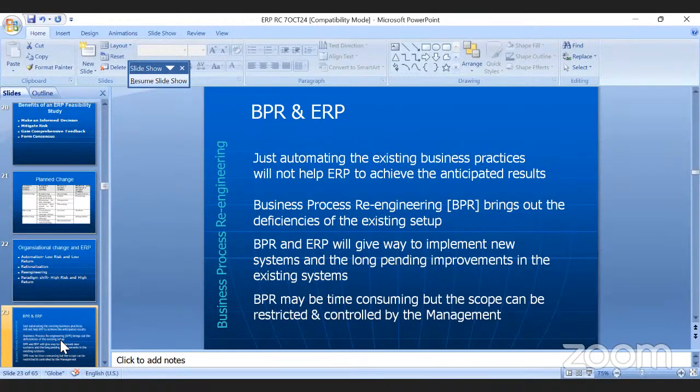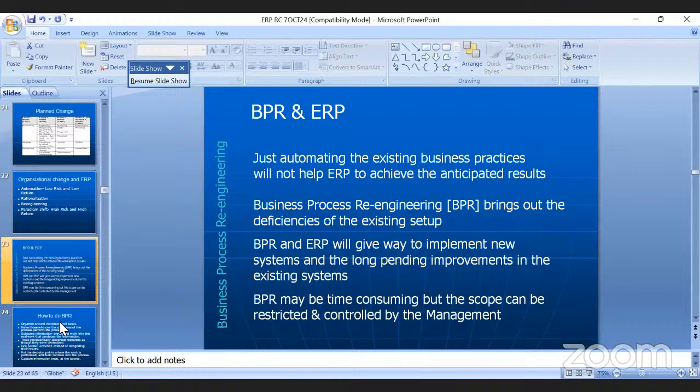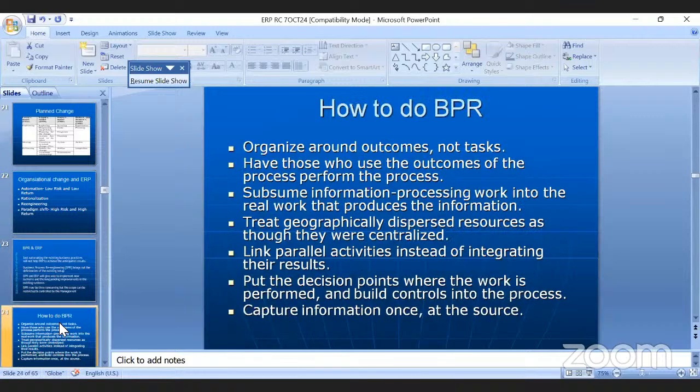So business process re-engineering gives a new way of coming out of the deficiencies which are there right now. So many errors, deficiencies, unused and unwanted processes are removed from the organization. That is BPR. How do you do this? It has a long process.